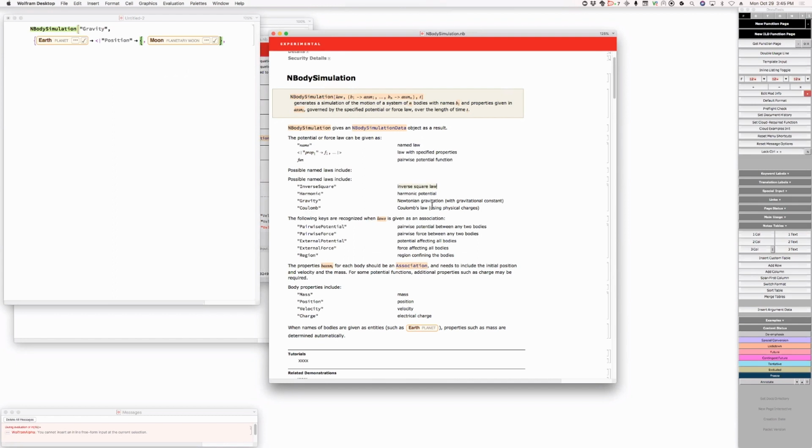Inverse square law with unitless inverse square law. Is that a fair statement? Yes. And then unitless harmonic potential. Newtonian gravitation with units. Coulomb's law with units.